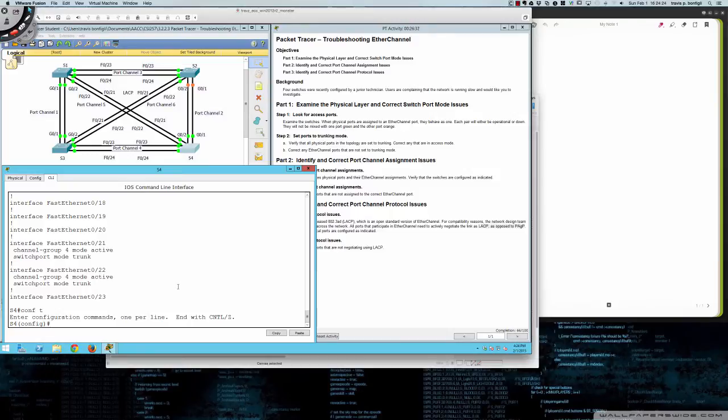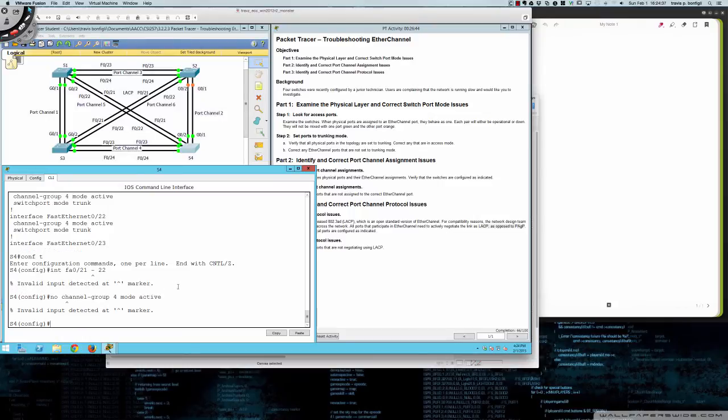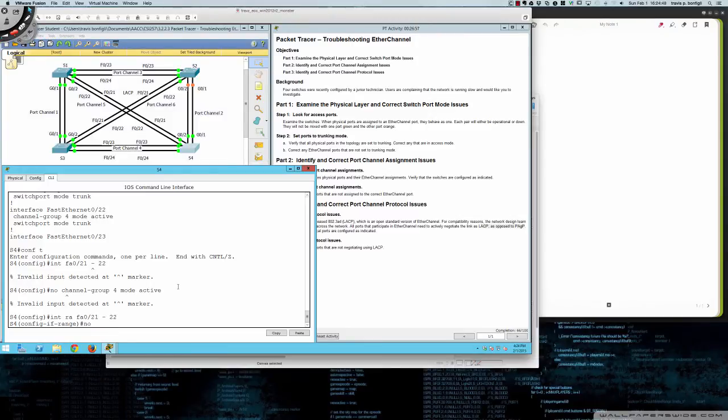So let's go to global config, and we're going to go to interface range FA0/21 to 22, and I'm going to say no channel group 4 mode active.